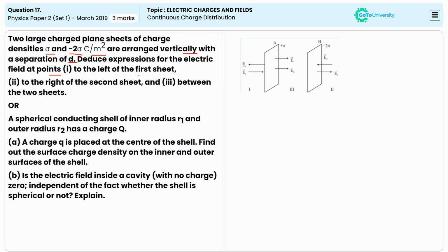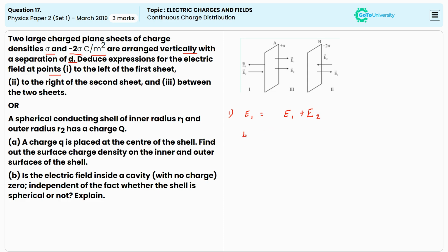First, to the left of the first sheet, second, to the right of the second sheet, and third, between the two sheets. So we'll see the first case, that is the electric field in the region left of the first sheet. It is given by E1 is equal to E1 plus E2.